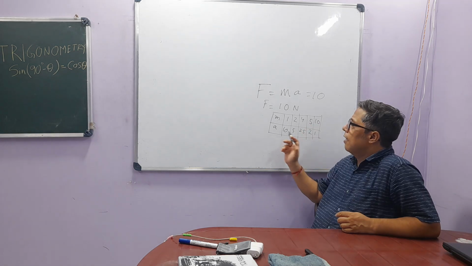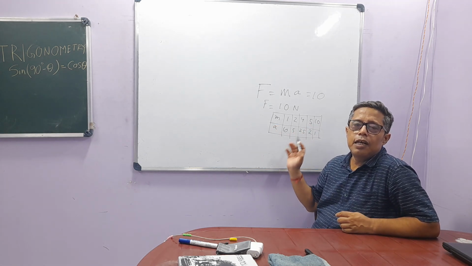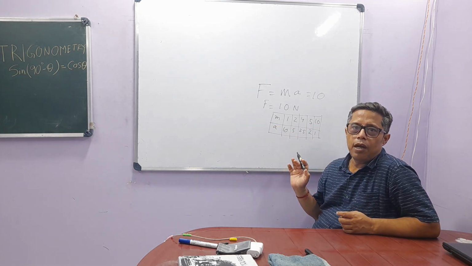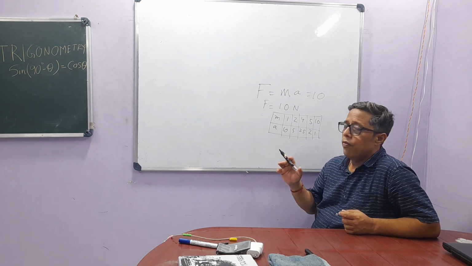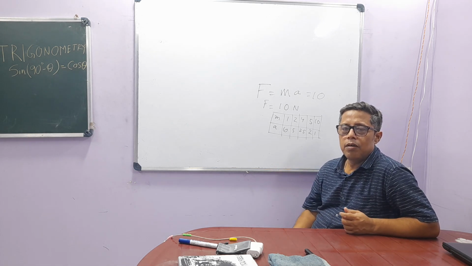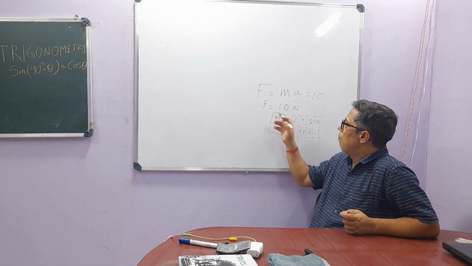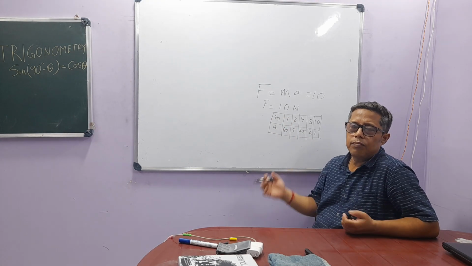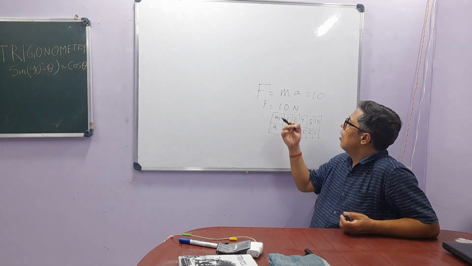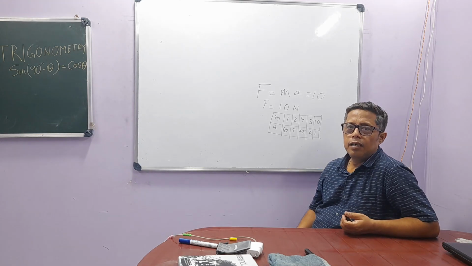So your data set is ready. With these data points, you have to draw a graph. Even if you forget, you can prepare the graph on the spot by plotting this data. So this is the relation between mass and acceleration.